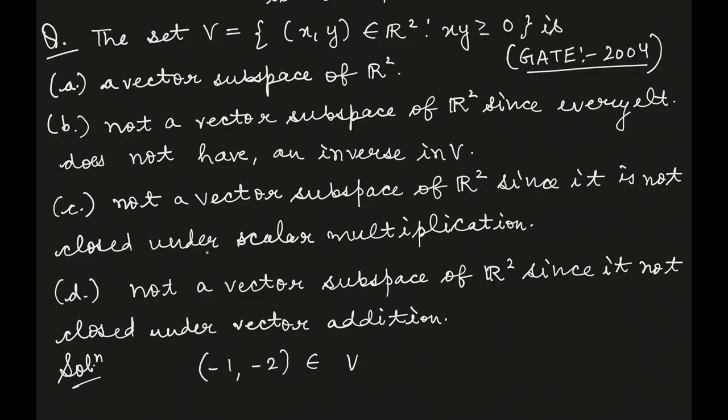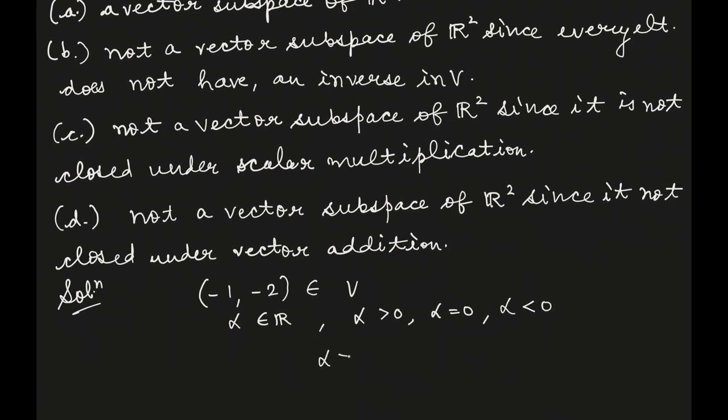Or you are saying that it is not closed under scalar multiplication. Alpha belongs to real numbers. I can take alpha greater than 0, alpha 0, or alpha less than 0. If alpha is greater than 0, say alpha is 1, then this is satisfied, na?